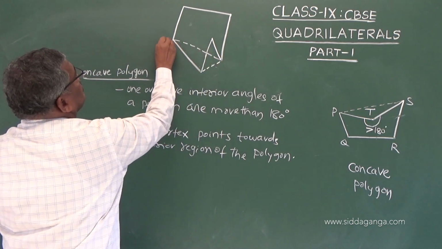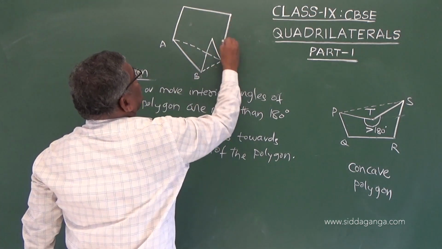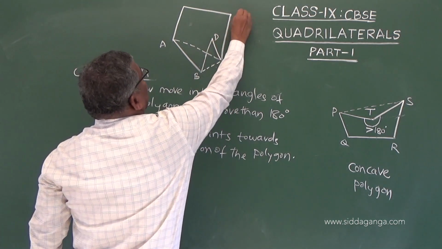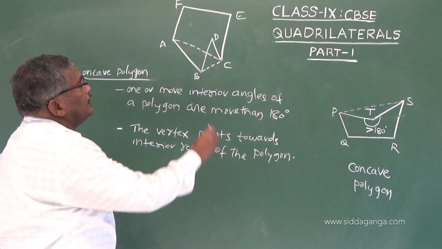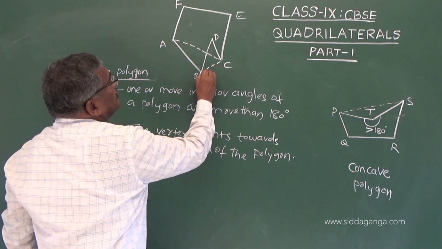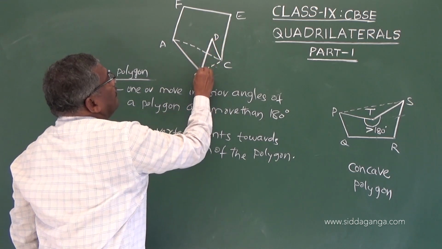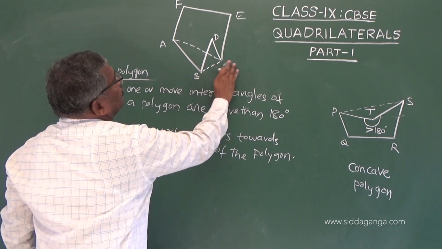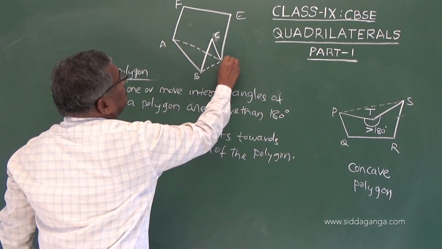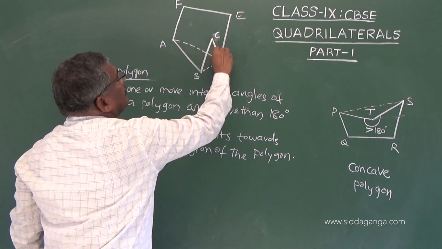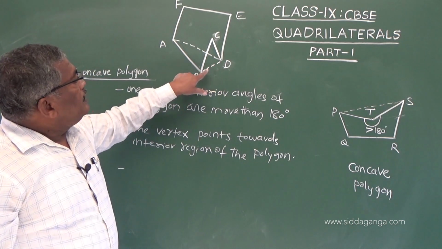Let us call the vertices A, B, C, D, E, F. The BD diagonal is totally in the exterior region.